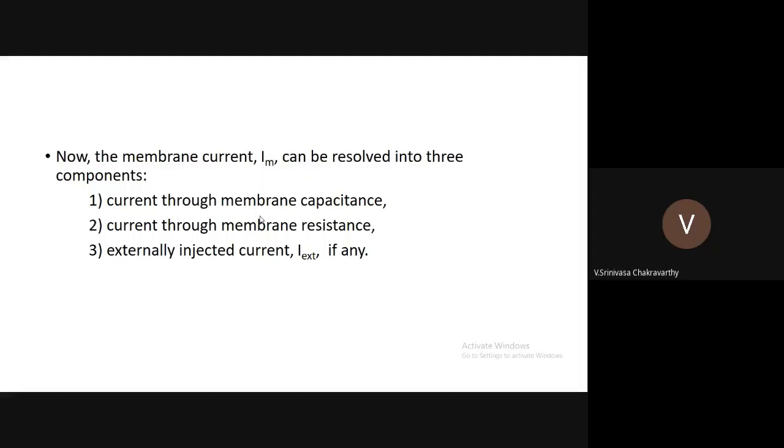Suppose you're doing an experiment like Hodgkin and Huxley, they poke the axon with an electrode and inject current. That is IX. Or when there is a synapse of another axon at a given point on a dendrite, when it releases neurotransmitter, that effectively injects some current into the dendrite.